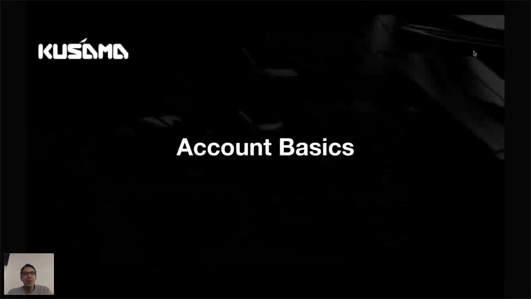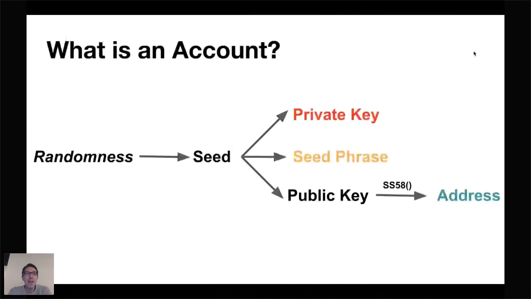All right, so first I want to discuss, what is an account? We probably use this term, but you may not have thought deeply about what is actually happening when you have an account. The basic idea is we have some source of randomness. We definitely want to have something external to the system, from rolling dice, from whatever we can get as a source of randomness. And what Polkadot does is create a seed.